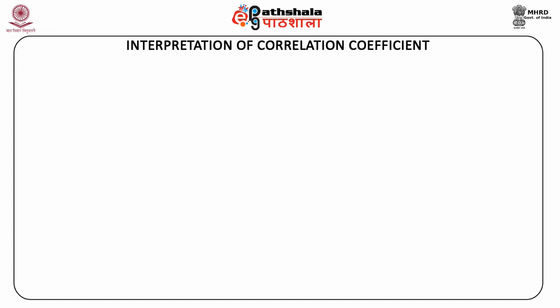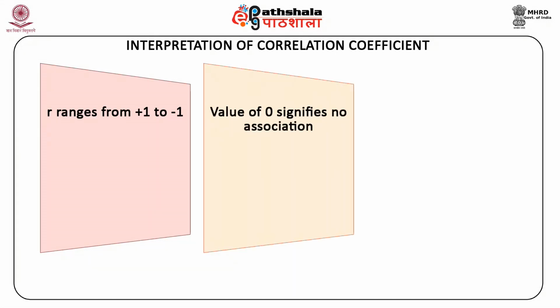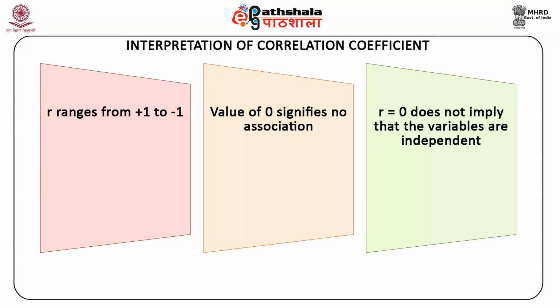Further, we have the interpretation of correlation coefficient. The Pearson correlation coefficient r can take a range of values from +1 to -1. A value of 0 signifies that the two variables have no association between them. In other words, there is no linear relationship between the variables. However, r equal to 0 does not imply that variables are independent.